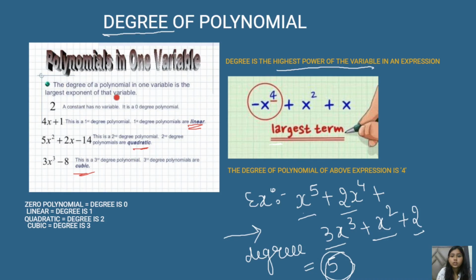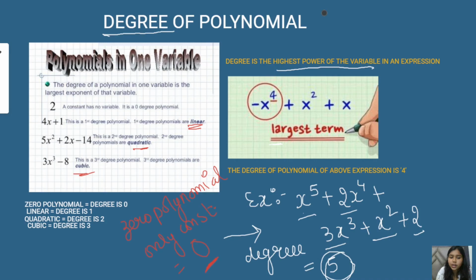When we talk about the zero polynomial, I told you that no variable is present, only constant is there. So in that case, x has no power, because the x is not present. That is why the degree of polynomial in this case is 0.